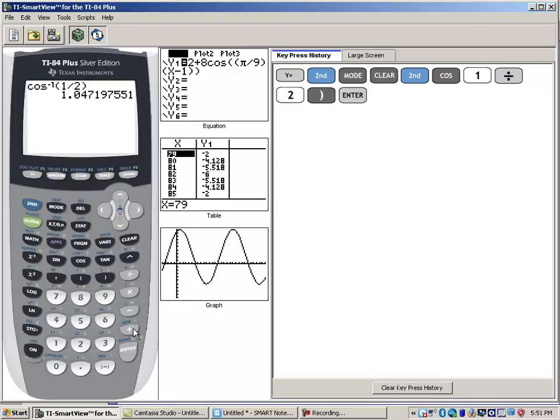Alright, now we're going to get a decimal. Now, do you happen to know what that is in radians? In radians, that is pi over 3. And you could probably believe that because 3.14 divided by 3 works out to be 1.04. But I'm going to keep it in decimals for now. So I'm at 1.04719. 1.0472 is what I'll write.